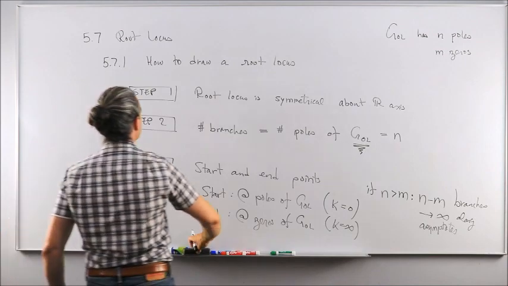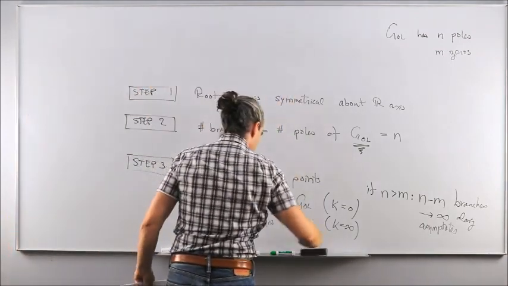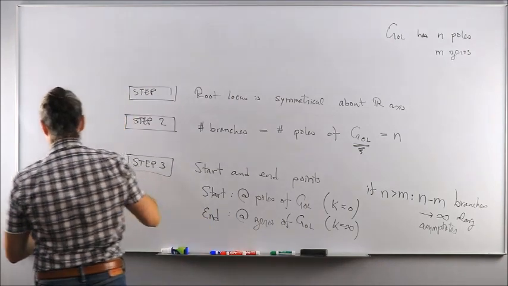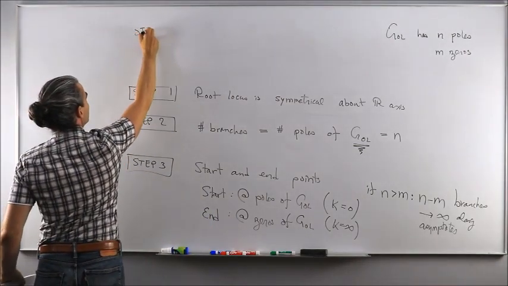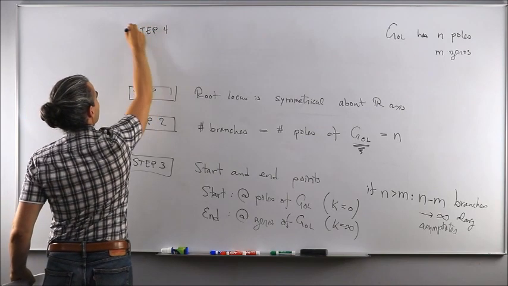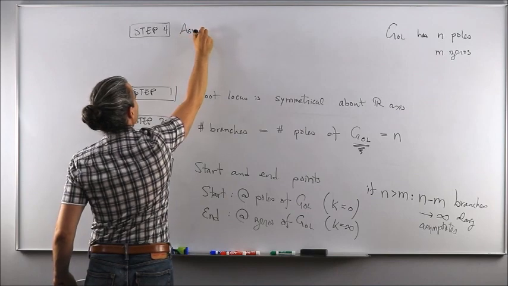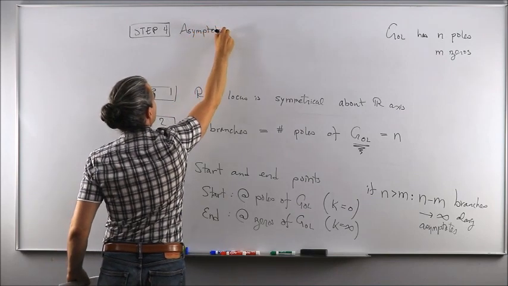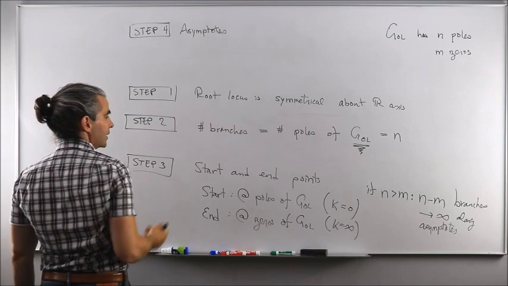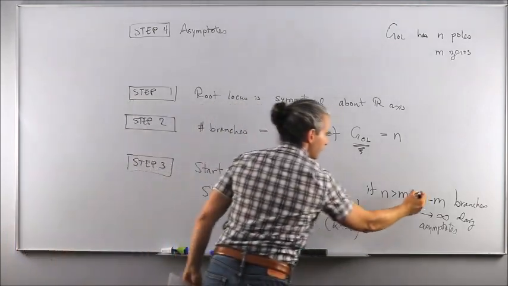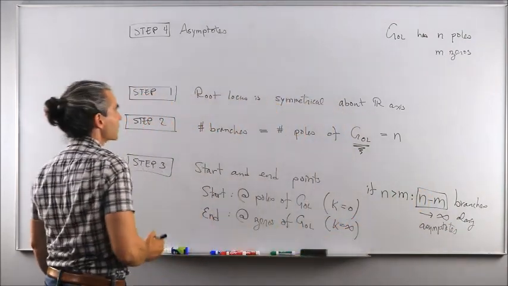Speaking of asymptotes, we need to calculate them. And calculation of the asymptotes will be in step 4. How many asymptotes do we have? The number of poles in excess of zeros.